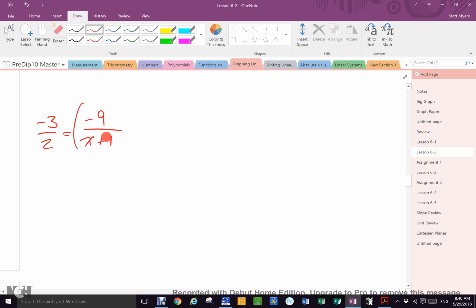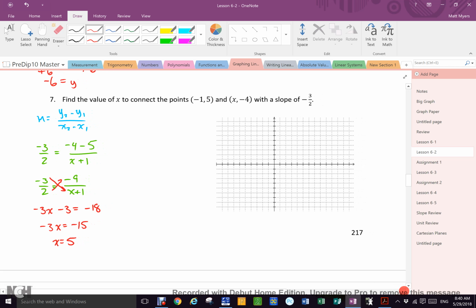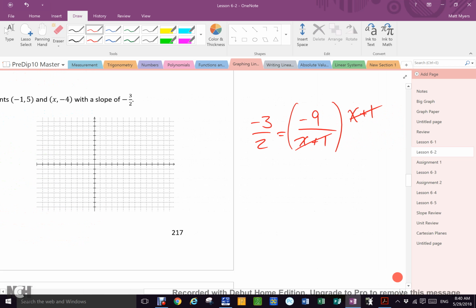You multiply by x plus 1. Cancel, cancel. If you multiply the right side, what must you do to the left side? Multiply that by x plus 1. Now, numerator with numerator. Negative 3x minus 3 over 2 equals negative 9. Now, how do you get rid of the 2?